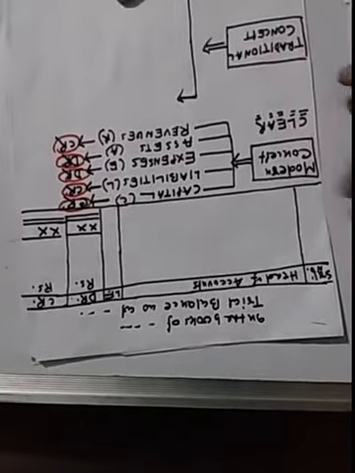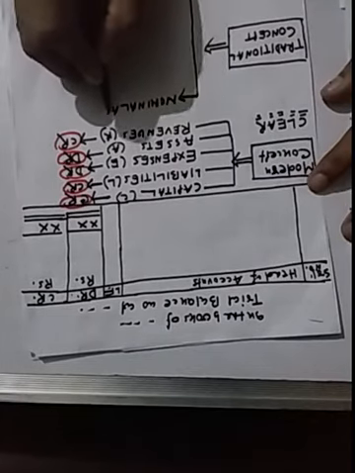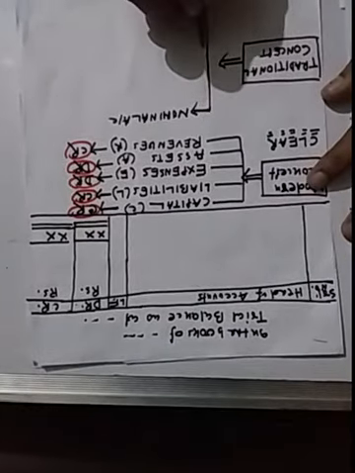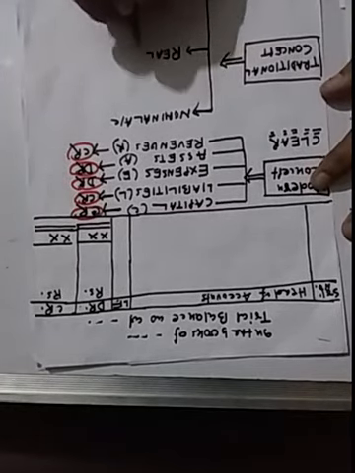First one is the nominal account, second one is the real account, and third one is the personal account. Clear? Now what are the rules of debit and credit?